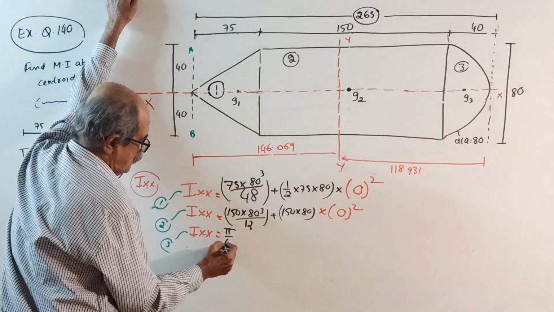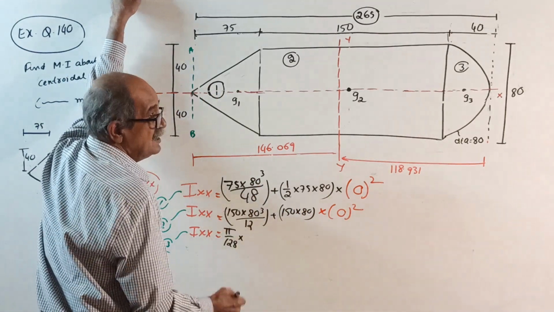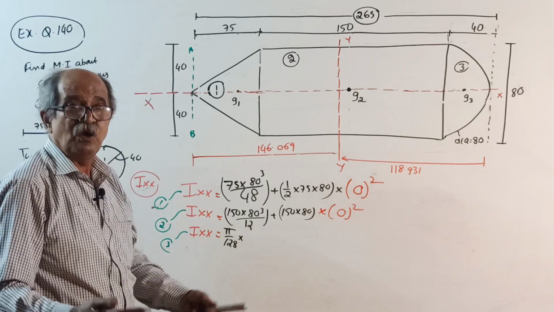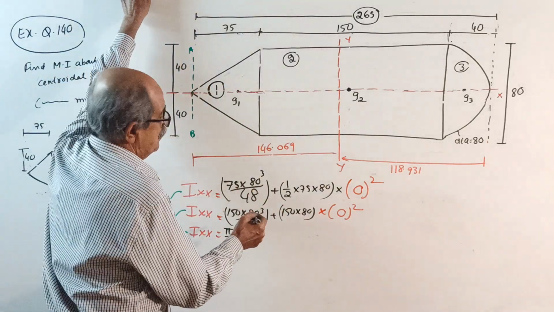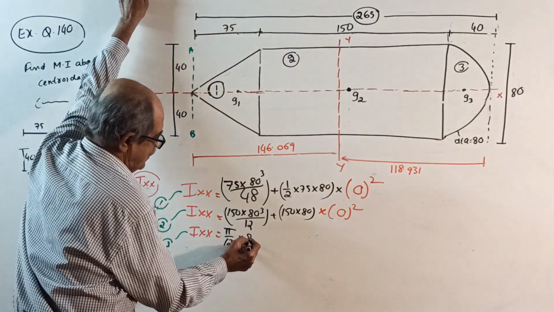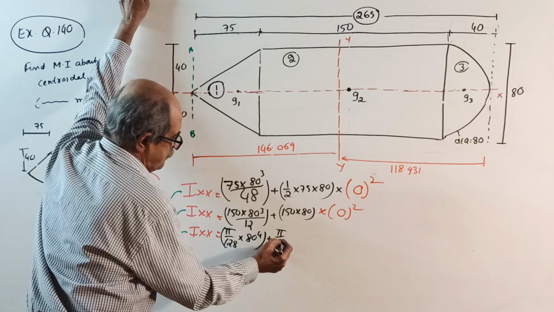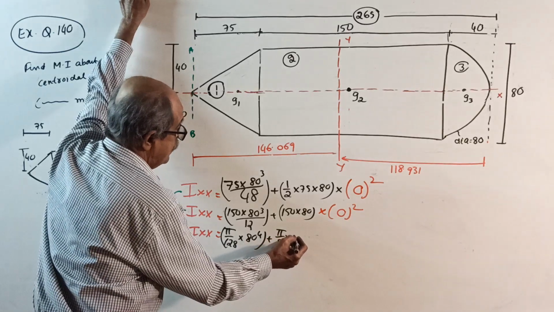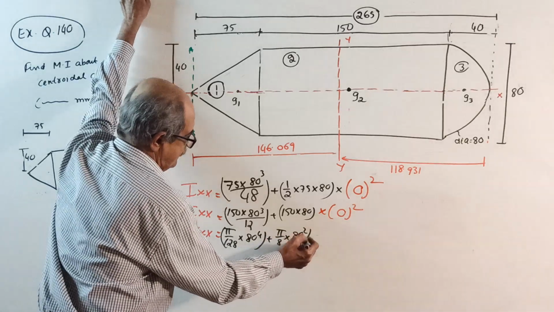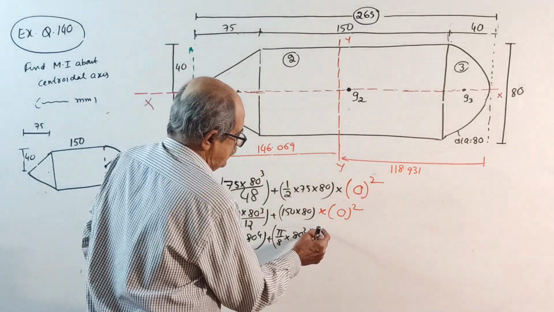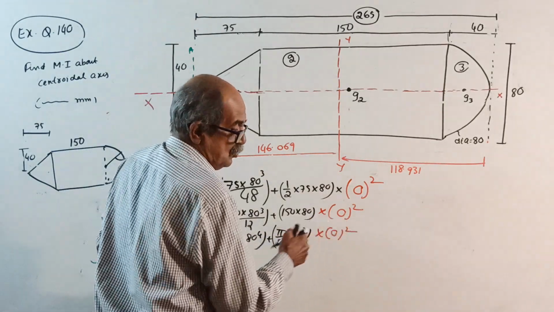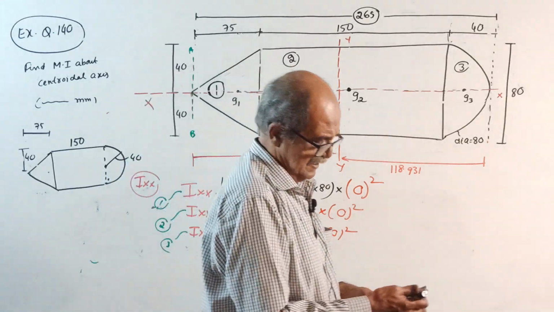Pi by 128 into 80 power 4. Plus area, pi by 8 of 80 square is the area. This also into 0 square. Over. Add all the three, get IXX.